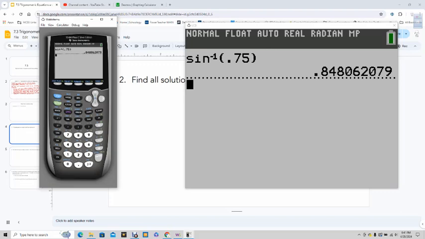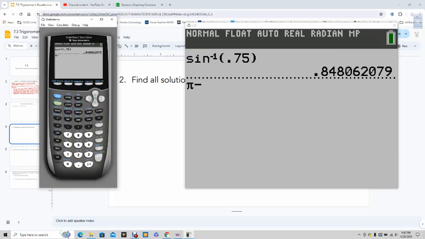Now, we're looking for every one of them on the interval from 0 to 2 pi. So that's where we figured out that we needed to go over into quadrant 2. And to do that, to find an angle in quadrant 2 that matches an angle in quadrant 1 that we know, we're just going to do pi minus that angle.